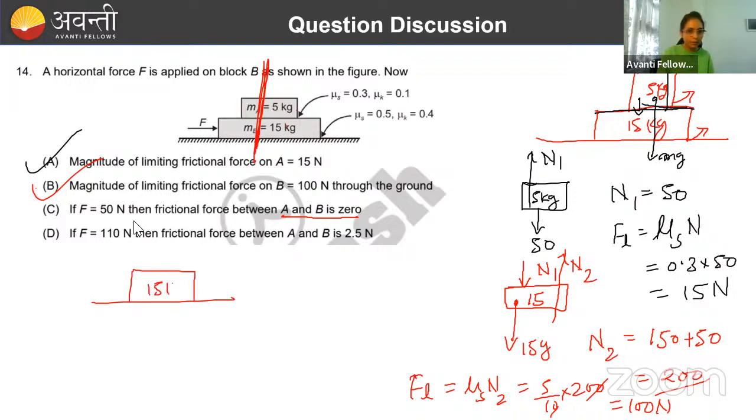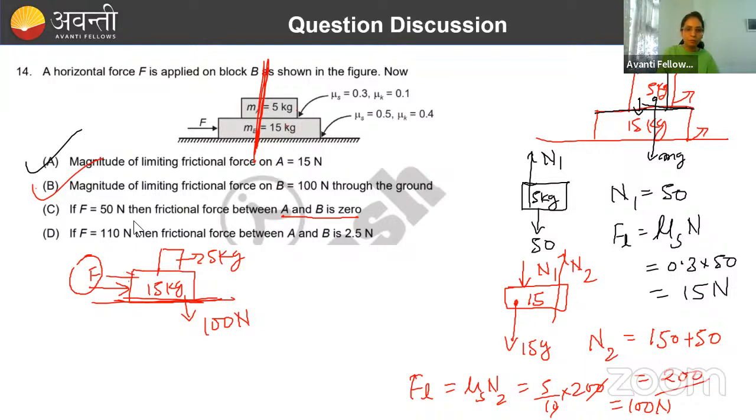This is your 15 kg block and this is your 5 kg block. If the external force is acting, it will be able to move the 15 kg body only if it is greater than 100 Newton, because for the 15 kg body, limiting friction is 100 Newton. So anything greater than 100 Newton will only be able to move it. Anything less than 100 Newton won't have any effect on the 15 kg body.